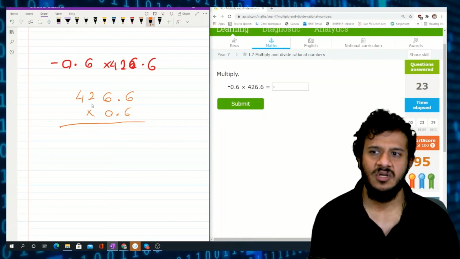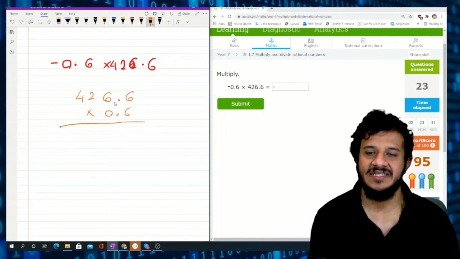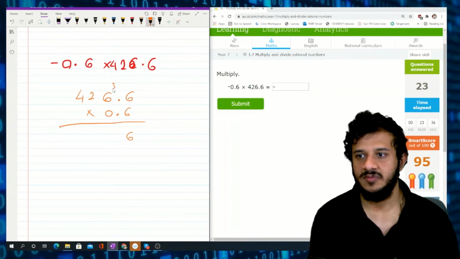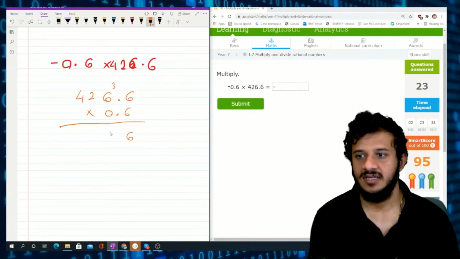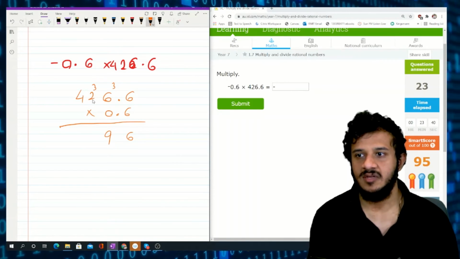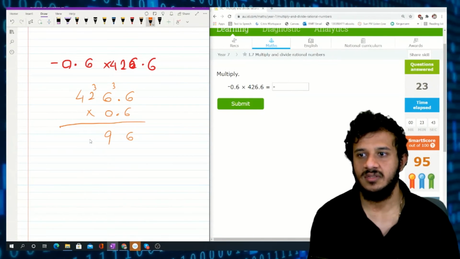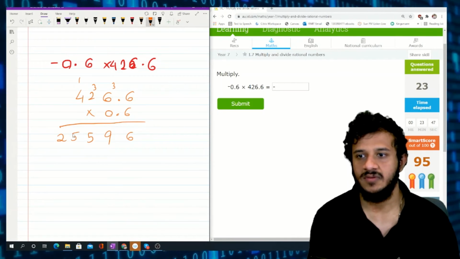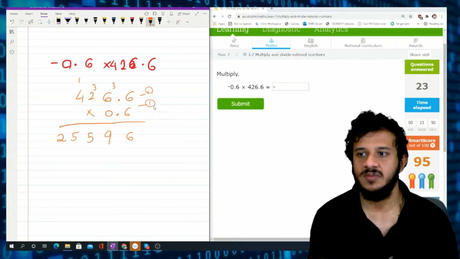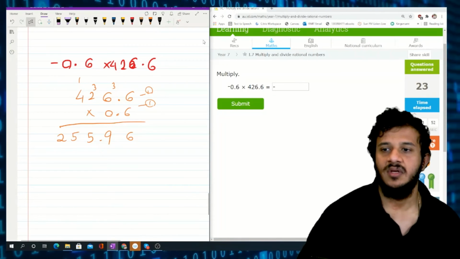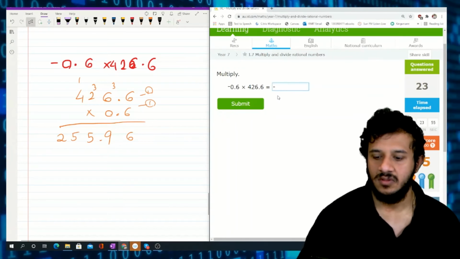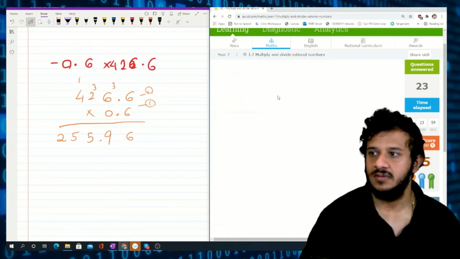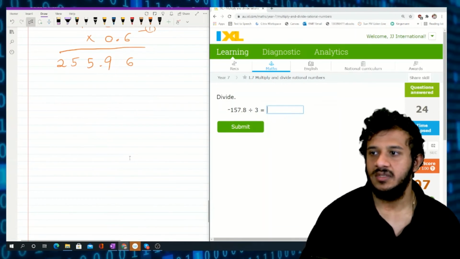We just do something like 4266 multiplied by 6. 6 times 6 is 36. 3 comes here. 6 times 6 is 36 plus 3 is 39. 6 times 2 is 12 plus 3 is 15. 6 times 4 is 24 plus 1 is 25. And then 1 decimal place here, 1 decimal place here, altogether 2 decimal places. So my answer will be negative 255.96. The answer correct. And then the last one.